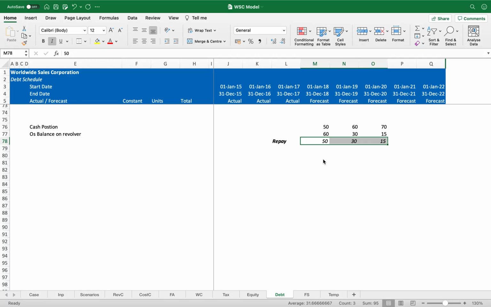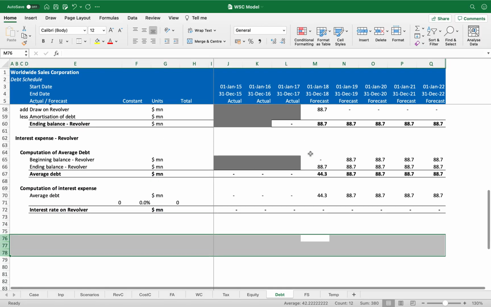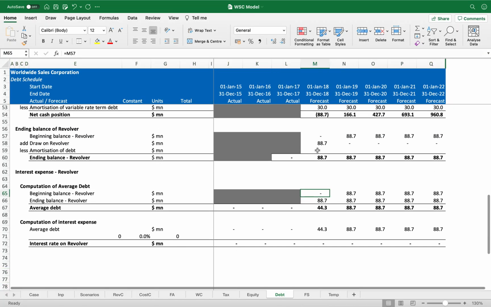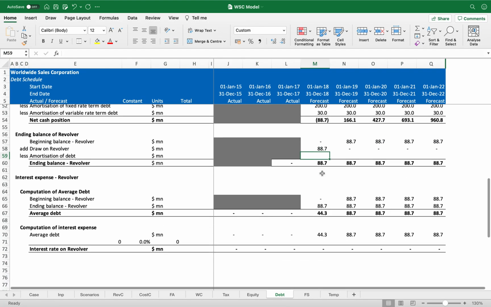Right? So what can you infer from this? What is your interpretation now? Your interpretation should be, okay, out of these two, whatever is the minimum, that I will repay. Right? Whatever is the minimum, that I will repay. That's it. That's what you need to put in the formula.